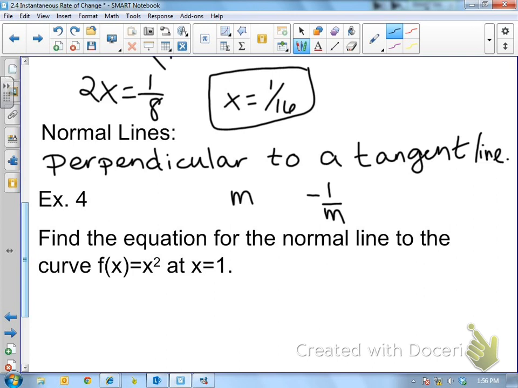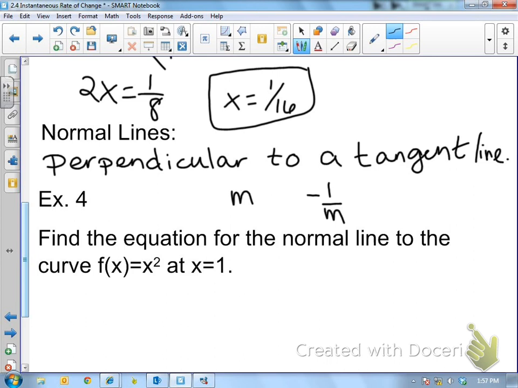So what if I want to find the equation for the normal line now? I still am finding an equation of a line, so I still use y minus y1 equals m times x minus x1. But now my slope is going to change. What should my slope be? What was our slope for the tangent line at 1? 2.